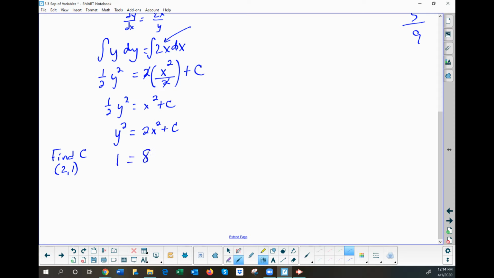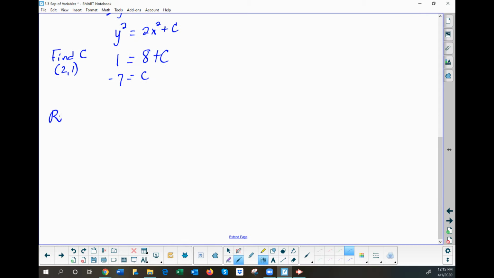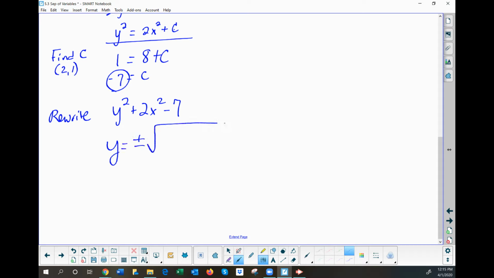Now I'm going to go into the rewrite stage, and that's going to look like y squared equals 2x squared. I'm looking right back there. And then the c now gets updated with -7. They ask for the particular solution. I need to have this as a y equals plus or minus square root of 2x squared minus 7. There should have been an equal sign there, shouldn't there?